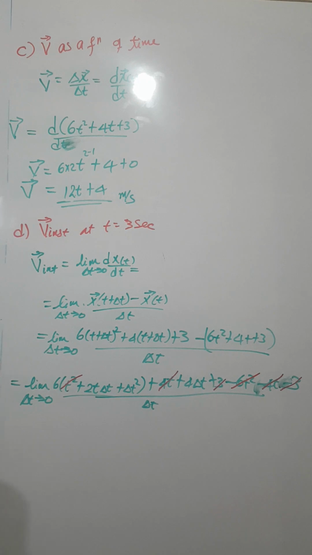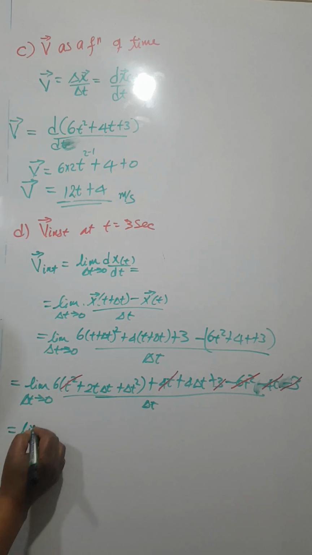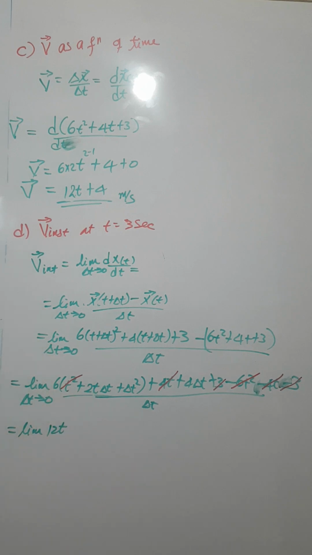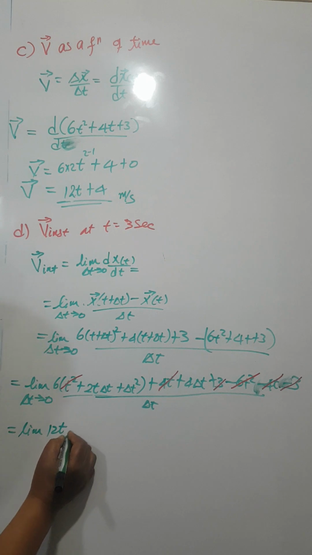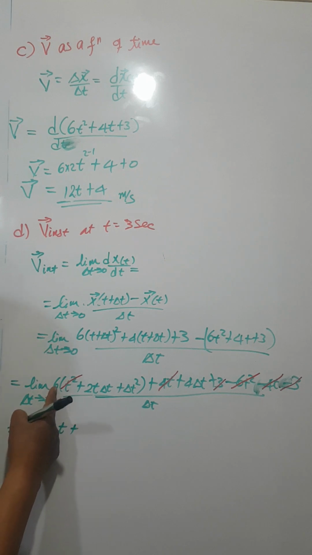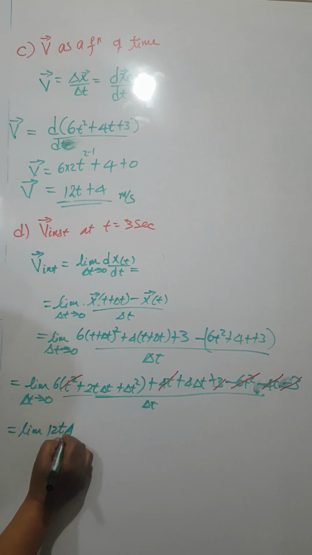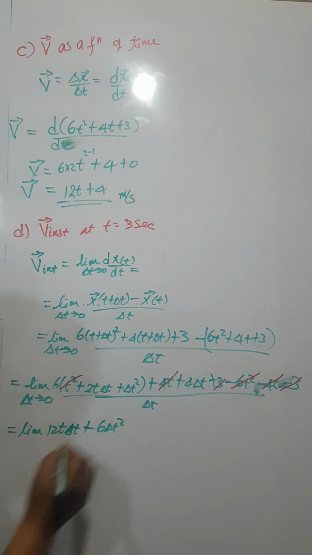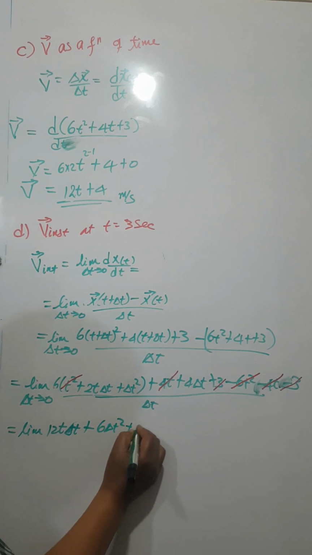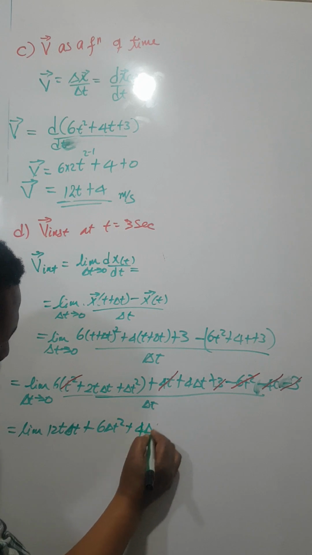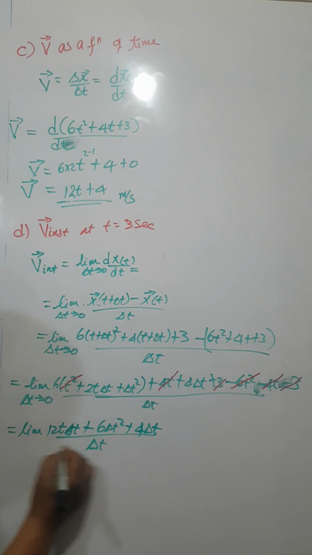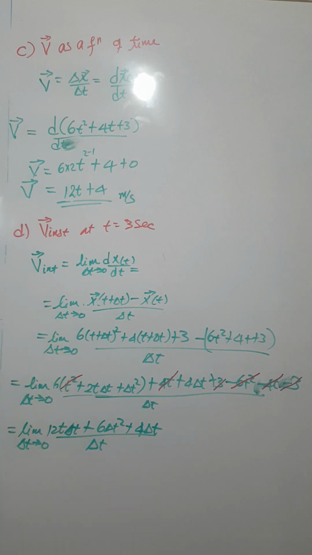So this is equal to the limit of 12t change in t plus 6 change in t squared plus 4 change in t, divided by change in t as change in t approaches 0.